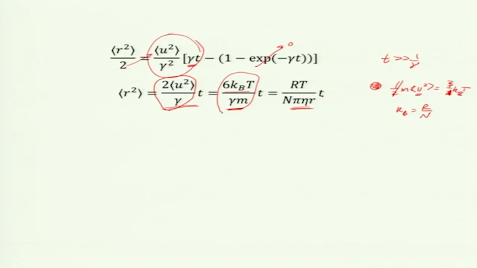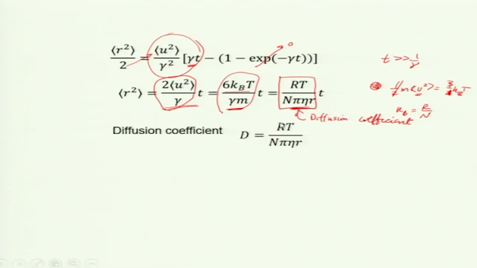So r squared is proportional to t, and this coefficient is called the diffusion coefficient. The diffusion coefficient is proportional to temperature and inversely proportional to the viscosity.